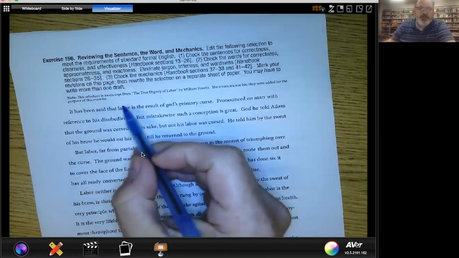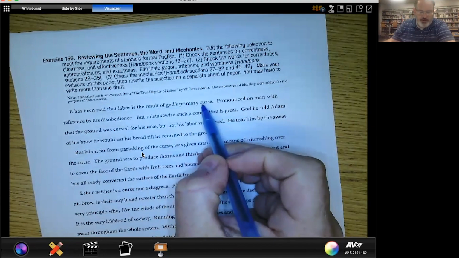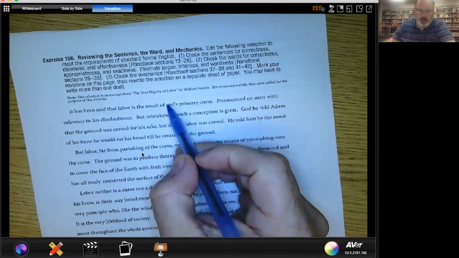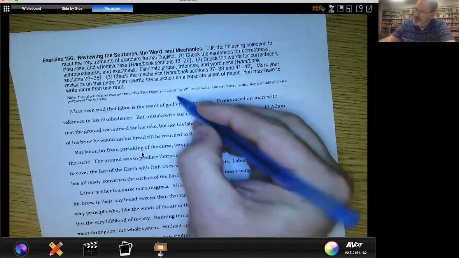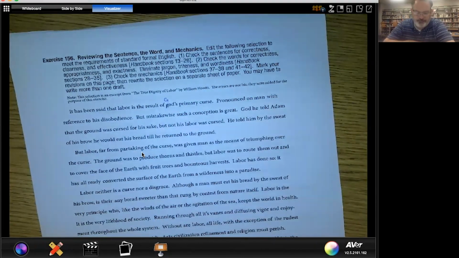So, it has been said that labor is the result of God's primary curse. Well, so far, I see just one problem, and that's God should be in uppercase G, okay? Pronounced on man with reference to his disobedience.